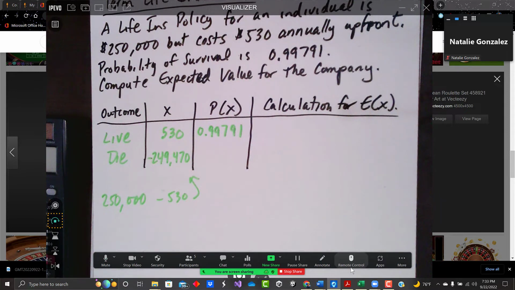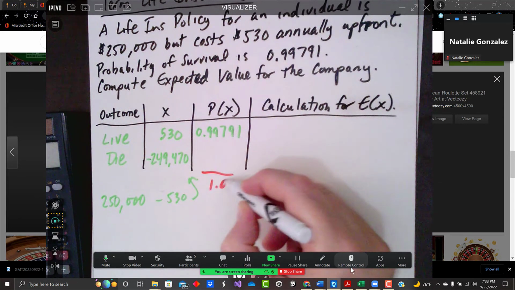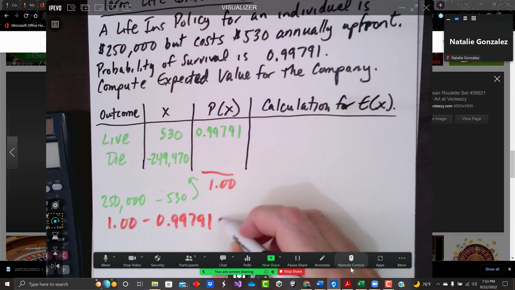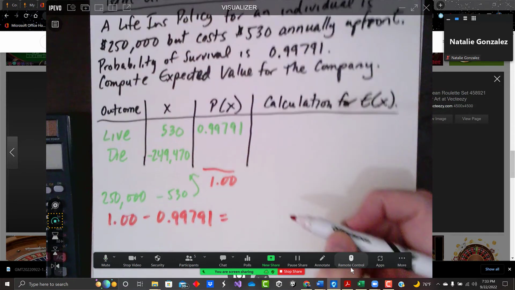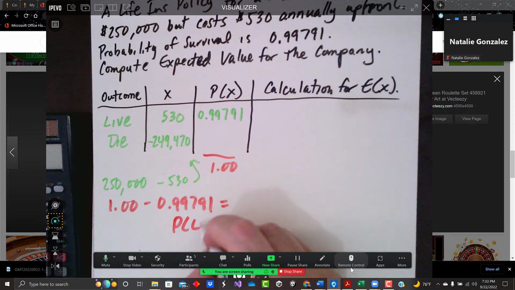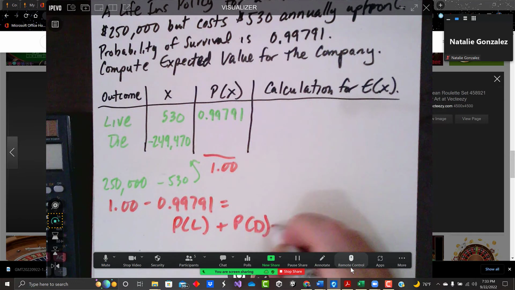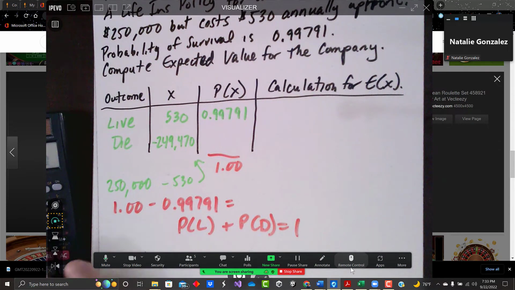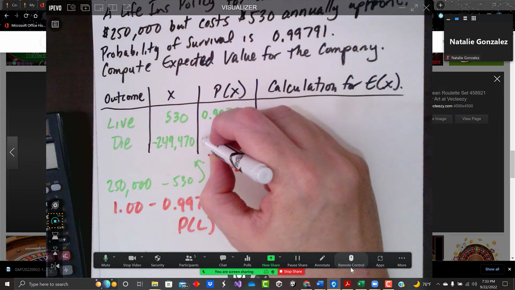Yes, that's exactly the way to do it. We know they have to add up to 1, so we do 1 minus the probability of living, and that will give us the probability of dying. Because probability of living plus probability of dying has to equal 1. So what is 1 minus 0.99791? It is 0.00209.